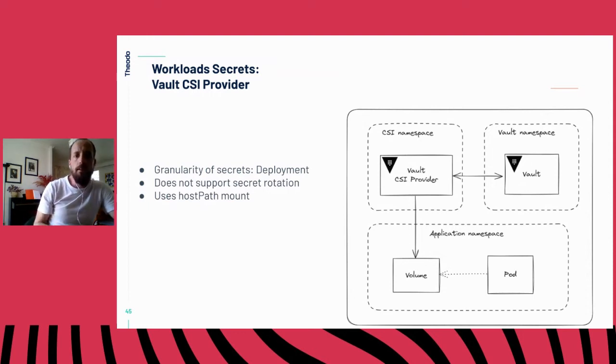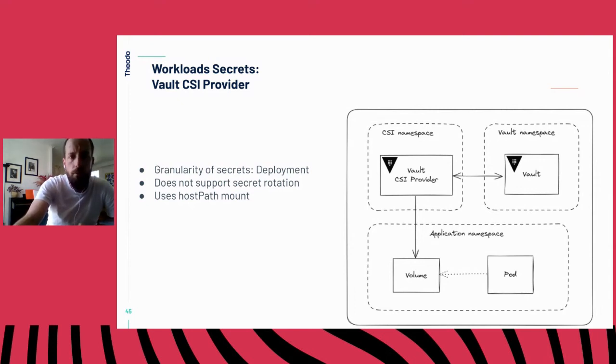Another solution is the CSI provider. So it works a little bit like the operator, but this time the Vault will create a mount on your volume, on your deployment, on your pod, and store credentials in it. So if your application just needs some secrets in its file systems to load, this is working nicely.